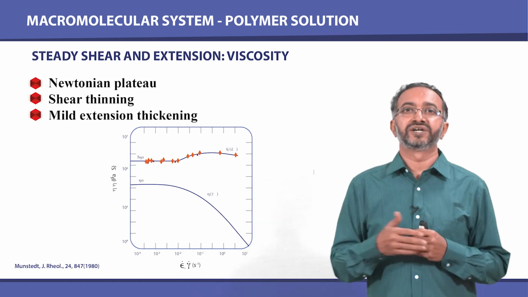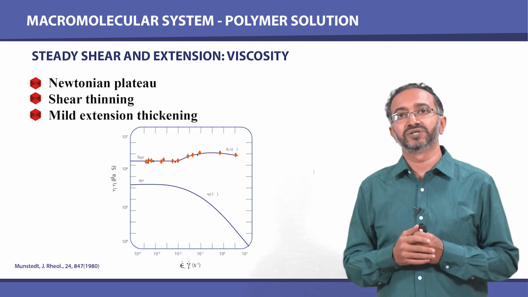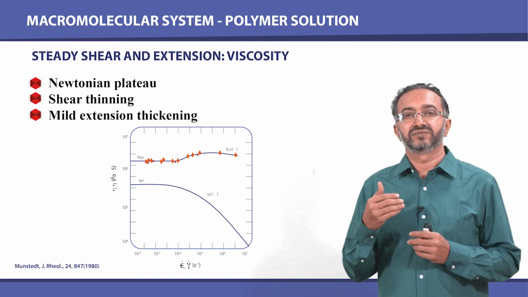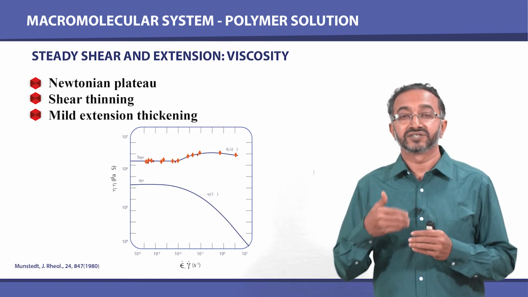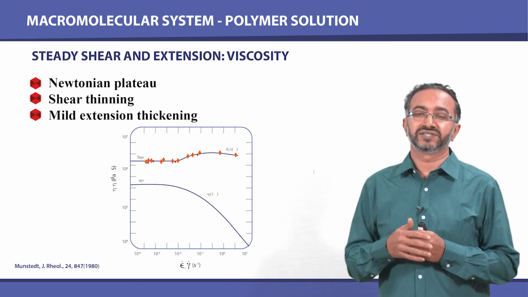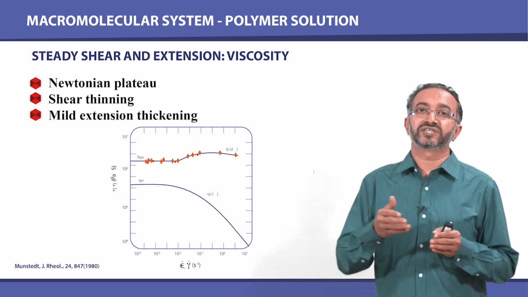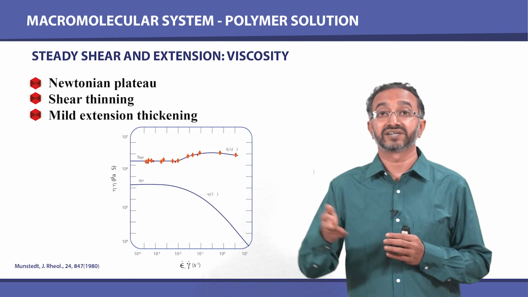What is also interesting for many of these materials is that in extensional mode a steady value of stress is not observed. So, when we apply a constant strain rate, the stress continues to increase and in fact it diverges.